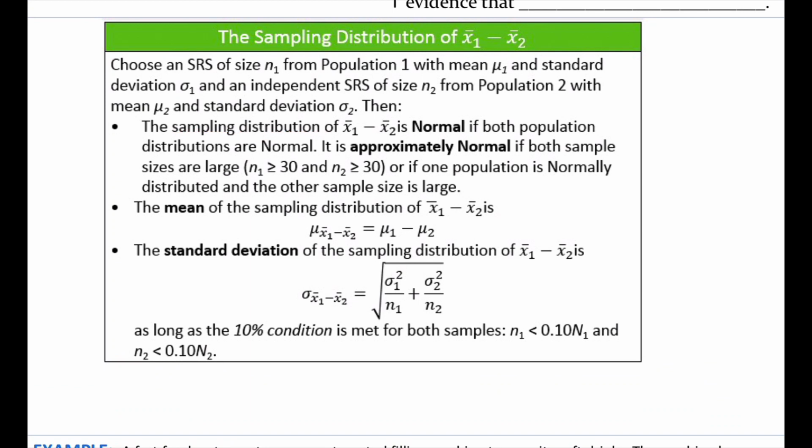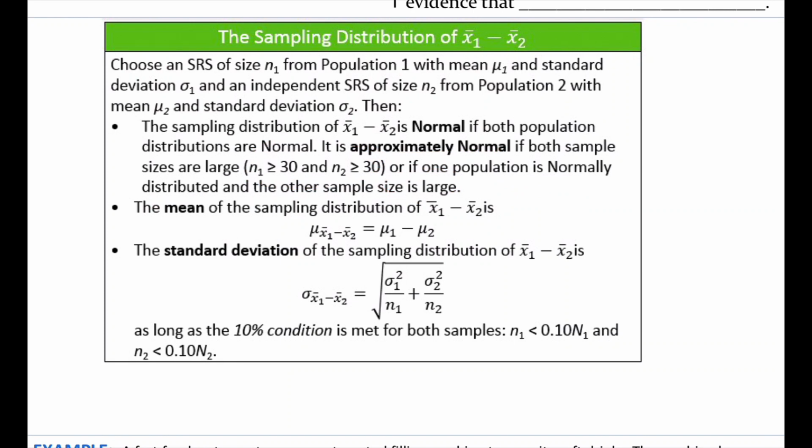If both population distributions are normal, it is approximately normal. It is also approximately normal if both sample sizes are larger than 30, or if one population is normally distributed and the other sample size is large. So that's how you can tell. Normal if it's stated as normal, approximately normal if they're big enough, or if one is normally distributed and the other one is large.